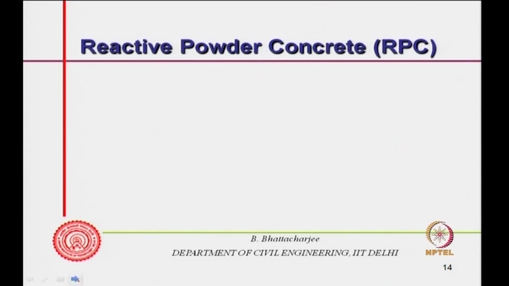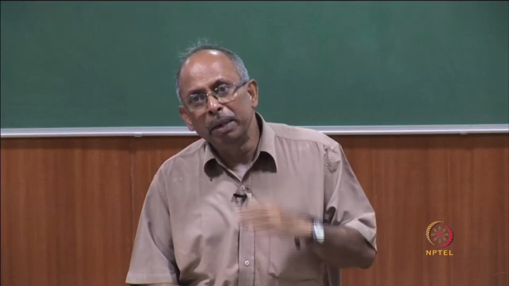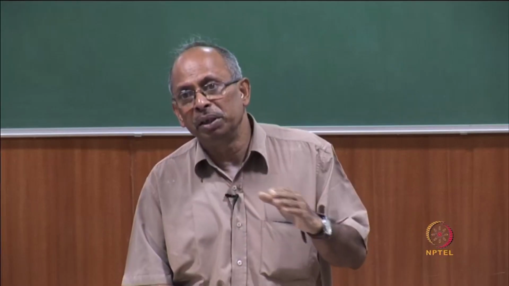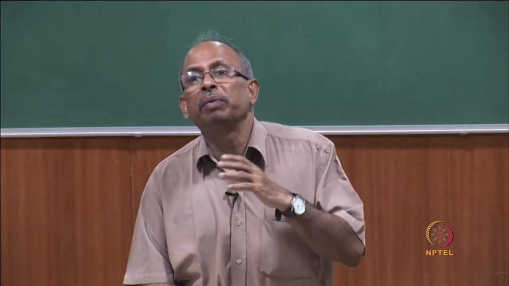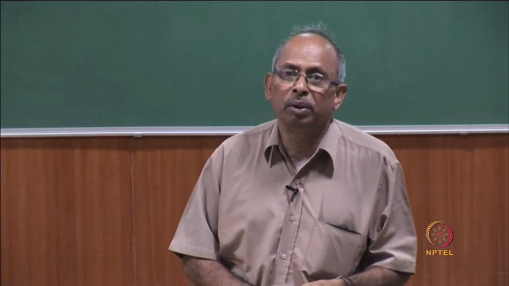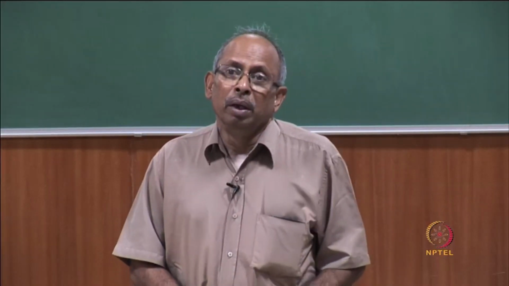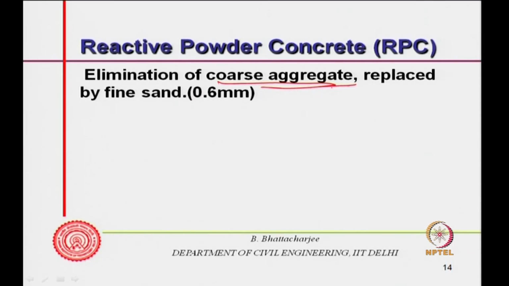Reactive powder concrete. We have seen while talking about DSP that if I eliminate the coarse aggregate, discontinuities vanish and stress concentration effects vanish, and it becomes a uniform, homogeneous material throughout by and large. So, in this one coarse aggregate is completely eliminated, and fine quartz sand or steel powder, maximum dimension 600 micron.